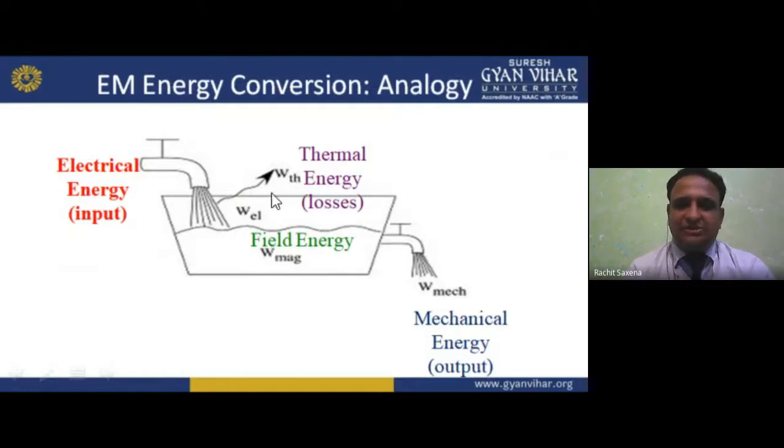Then we have the bucket, which is the storage and conversion, that is field energy, and some losses will be there, that is thermal, and then it is converted into mechanical. Between electrical and mechanical we need a medium, the coupling circuit, which is the magnetic field, the magnetic circuit. So I hope you understand the whole diagram in a very simple way. I use this diagram to explain the simple thing.